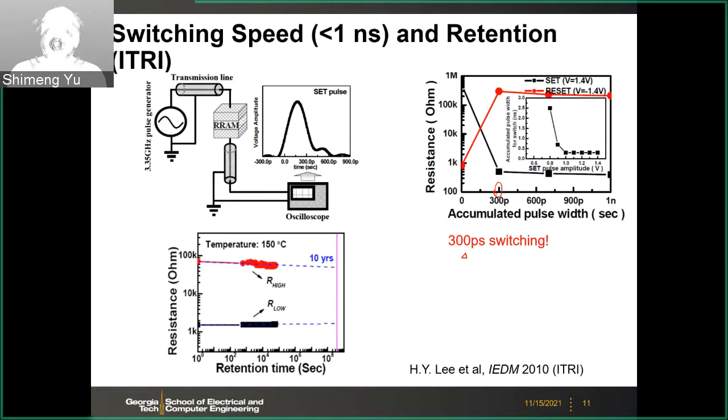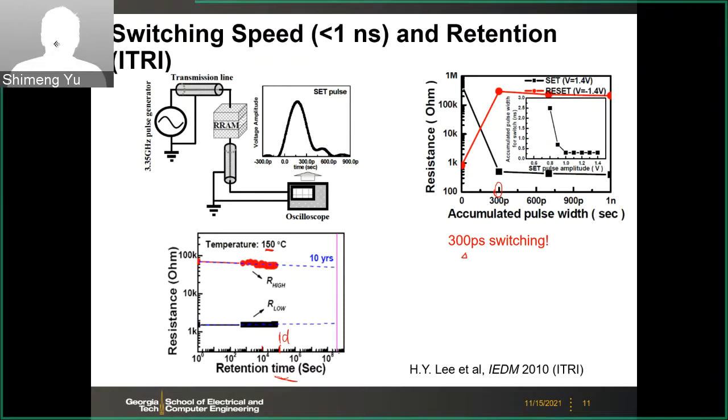And then data retention. Typically we bake the samples at high temperature, for example here 150 C, and then we monitor the resistance over time. And here typically the time scale, for example 10 to the power 4 seconds is about 3 hours, 10 to the power 5 is about 1 day.